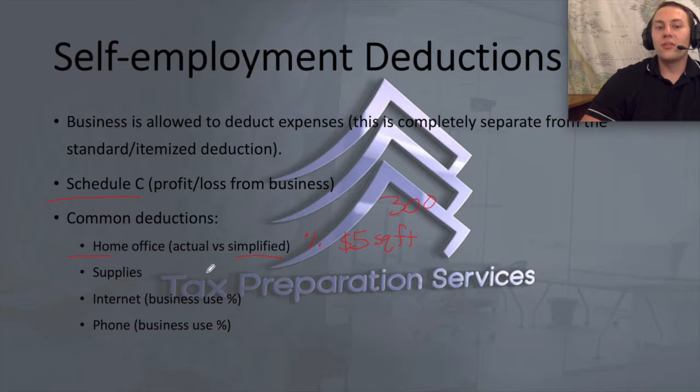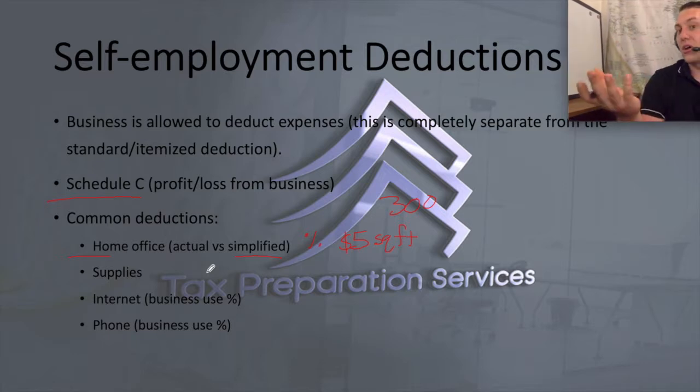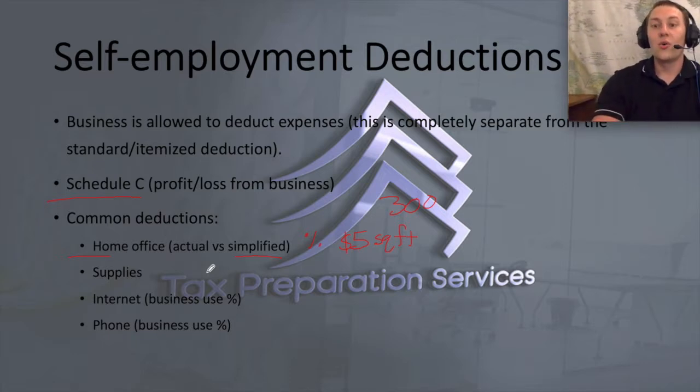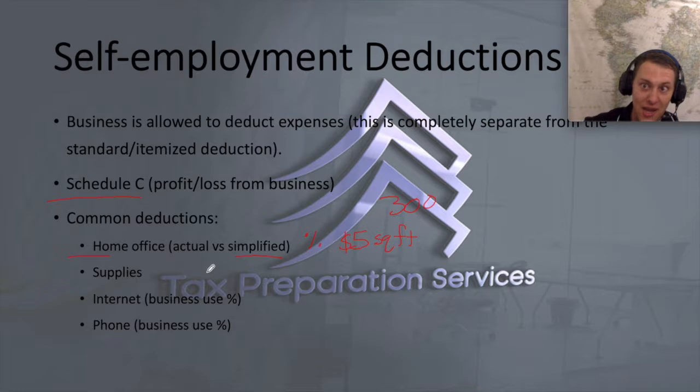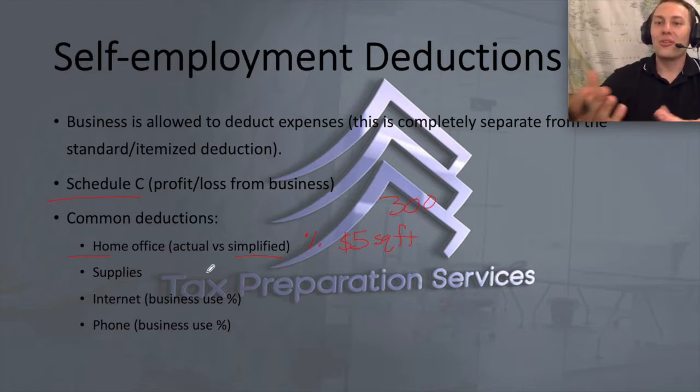Now, some other deductions are supplies. For example, a whiteboard, if you use it in online ESL teaching, or maybe a giant map background. And some other things are internet and phone. There's a bit of controversy on this about how much can I deduct.